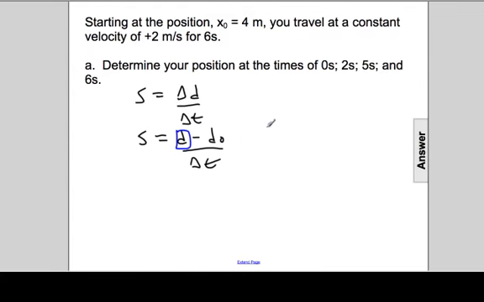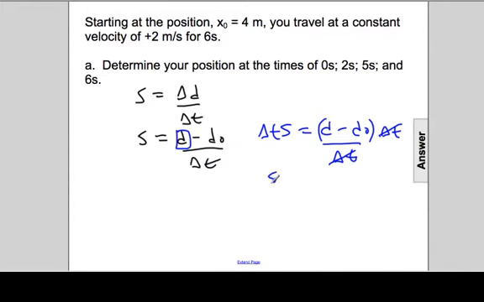The first thing we will do, I'll rewrite s equals d minus d naught divided by delta t. The first thing I'm going to do is multiply both sides by delta t. So speed times delta t will be equal to d minus d naught, because the delta t's cancel.